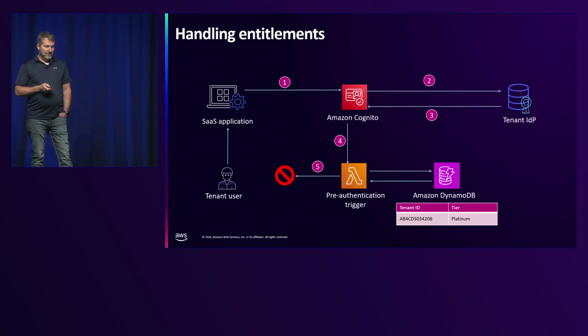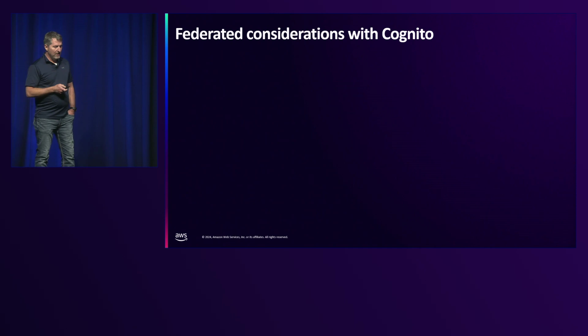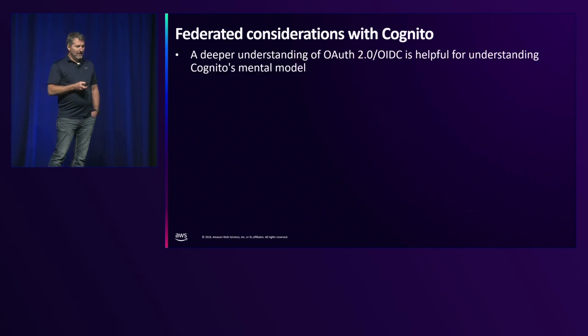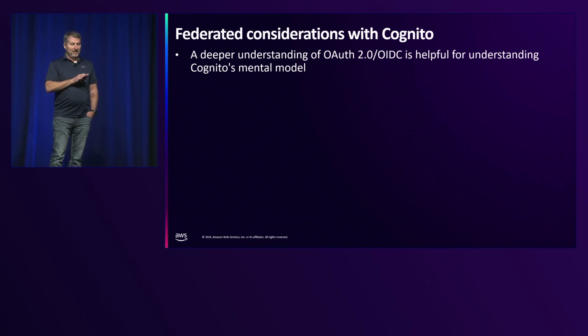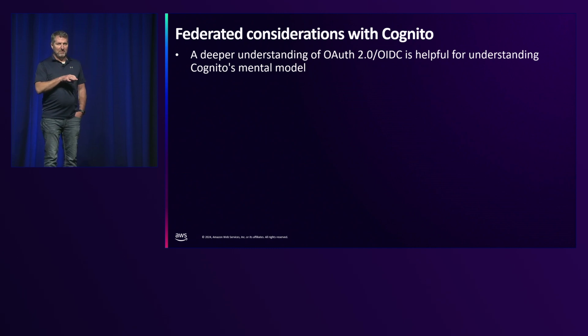So some considerations with federating in Cognito. At least for me, maybe a selfish point, is that when I really looked at Cognito from an OAuth 2 and OIDC perspective, it really cleared things up. Admittedly, our docs aren't great. If you are facing that same problem, think through it from an OAuth 2 and OIDC perspective, I think it'll be a little clearer.